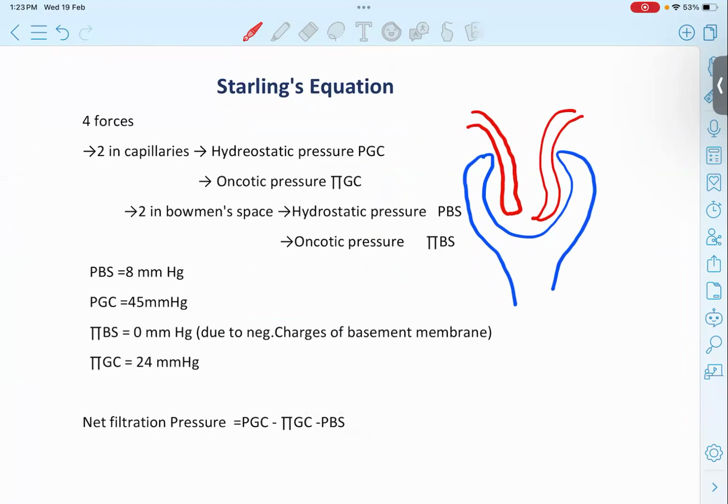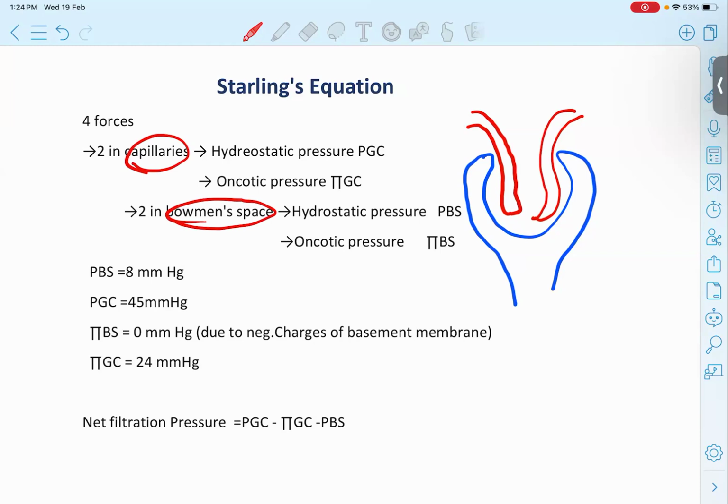Okay. So in the Starling equation, inside a Bowman's capsule, there are 4 different types of force. Two forces will come from the capillary, and 2 forces will come from the Bowman's space.